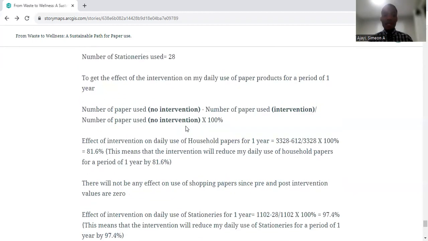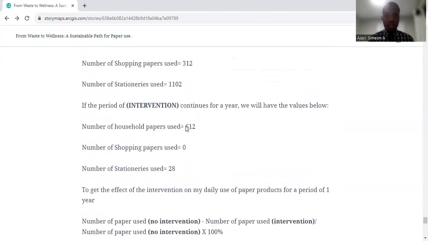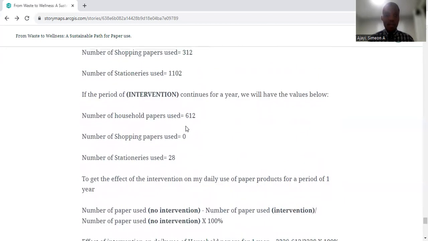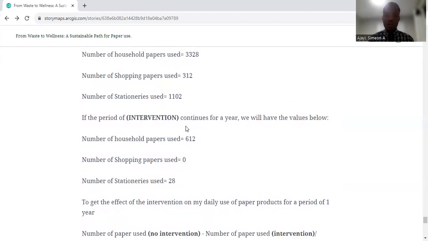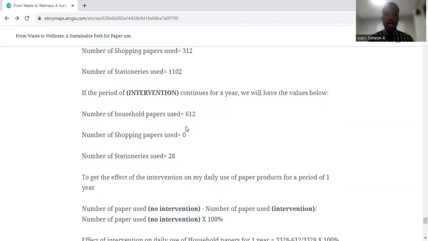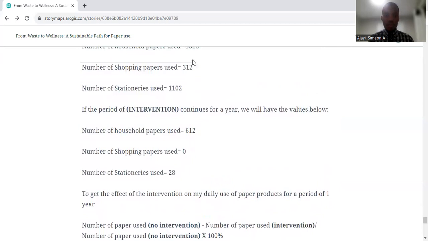All right. And then for the shopping papers, there was an error here, which I will correct before publishing the story map. Sorry for that.